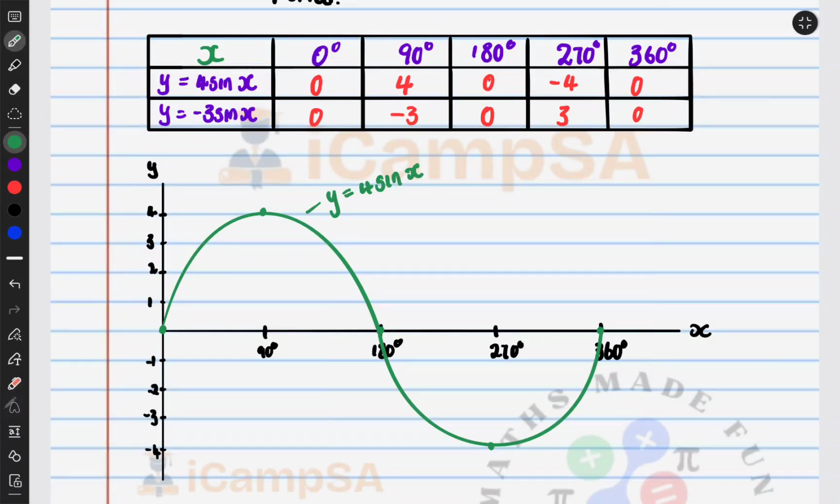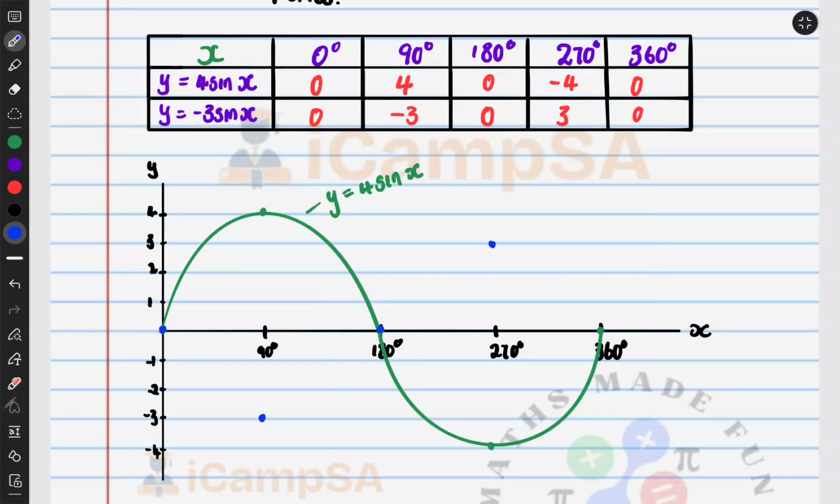And then next, let's sketch the other function, y is equal to -3 sine x. We're gonna use a blue pen. Where x is 0, y is 0. Where x is 90 degrees, y is -3. Where x is 180, y is 0. Where x is 270, y is 3.